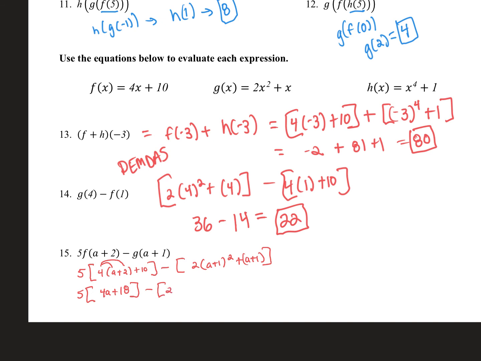Now a plus 1 squared, I've got to FOIL that. A squared plus 2a plus 1. I don't want a bracket there. 2 times a squared plus 2a plus 1, and then we have plus a plus 1. So 5 times 4a is 20a. 5 times 18 is 90.